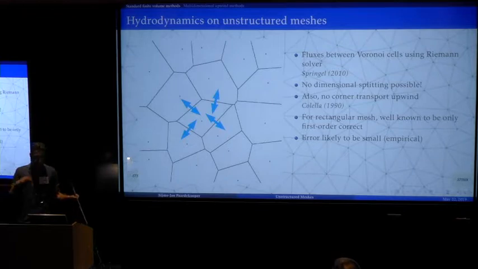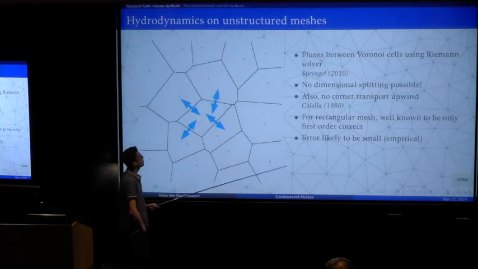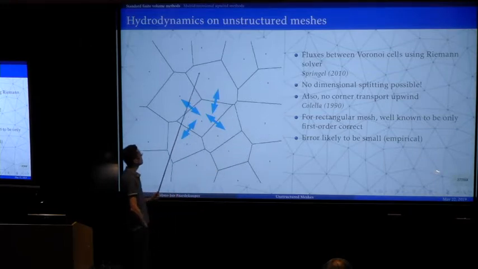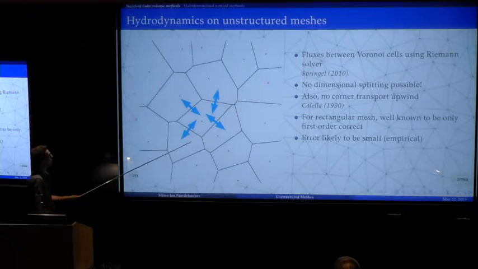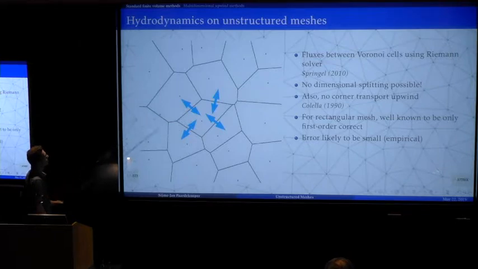So there's, again, different choices you can make. I think most of the moving mesh crowd have gone for finite volume methods, where we have a mesh of Voronoi cells. This cell has neighboring cells, and we can solve Riemann problems on all sides to calculate the interaction between those two.